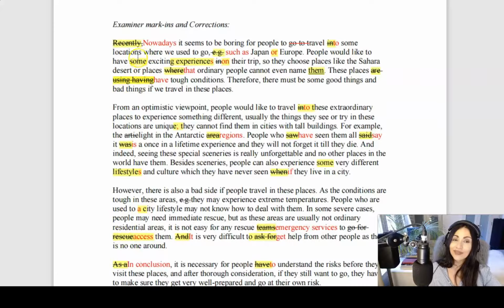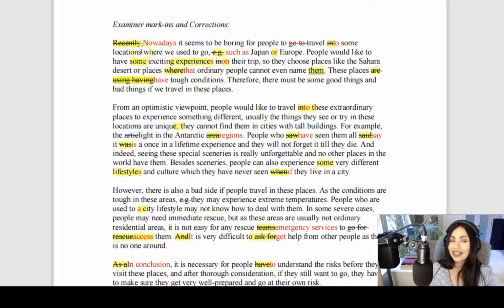For instance, let's start with the fact that the candidate used the word recently as opposed to the word nowadays, which he or she should have used instead. Recently and nowadays are very, very different in terms of usage and in terms of meaning and style as well. Also in terms of placement of the comma, right?